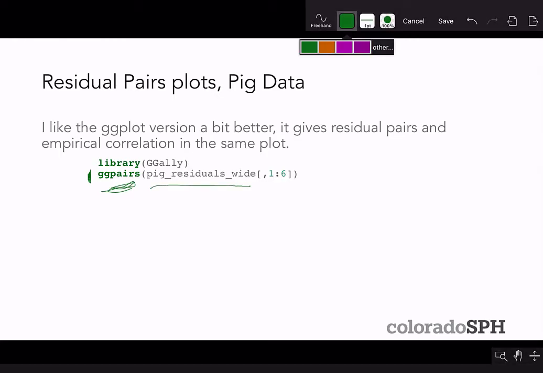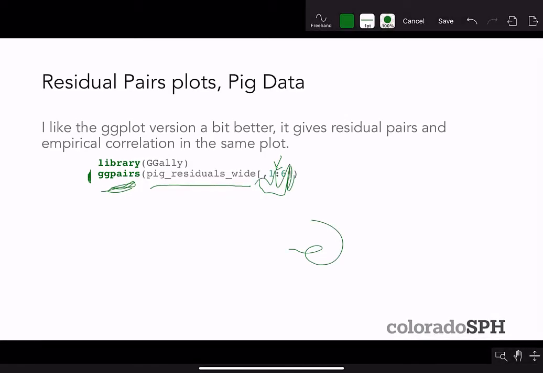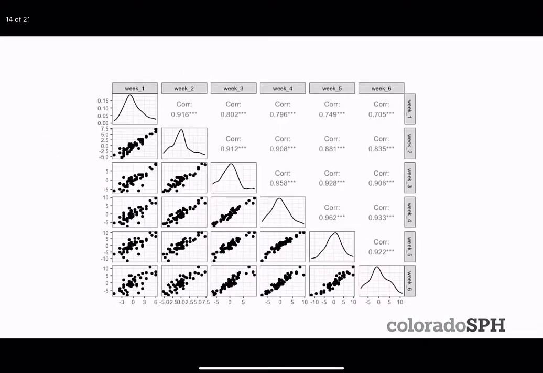If you want to do pairs for all the time points, you would just put in that data set. Here I'm only doing it for the first 6 time points because it's easier to fit on the screen. But normally you would look at the whole data set, so you would not include that bracketed part. And what that plot looks like is you have all of your residual pair plots.